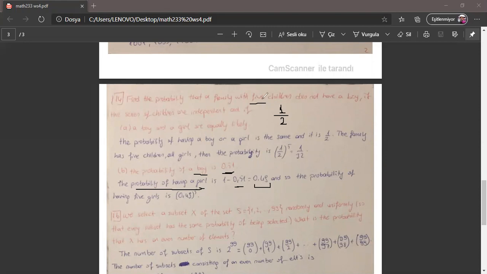Again, they have 5 children, so we need to compute it like this, okay? So we have 0.49 to the 5 probability. This is the probability of having 5 girls, with this probability for each of them.